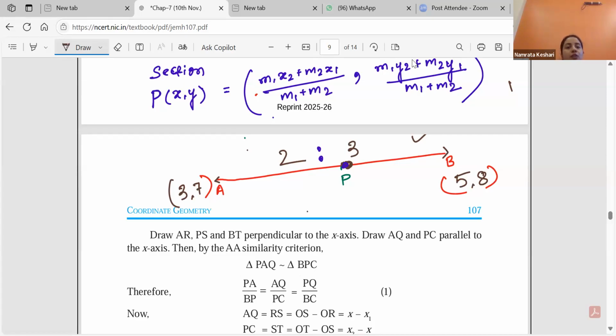You will get the x coordinate by taking m1. This is your m1, this is your m2. x1, y1, x2, y2 you already know. I'm talking about AB, so 2 into 5.